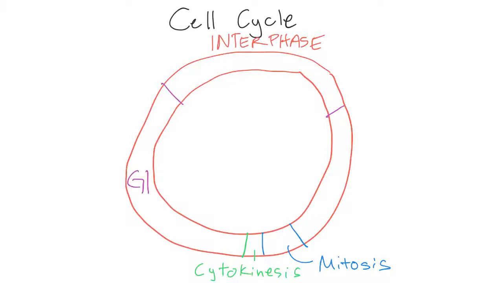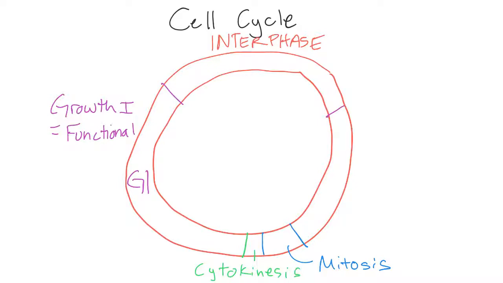So the first one is called G1, or growth phase 1. And this is the functional part of the cell. This is the time where it's carrying out whatever its function is. So if it's a liver cell, it's going to be filtering out the blood. If it's a skin cell, it's going to be protecting, creating a barrier in your skin, and so on and so forth. Okay, so this is where it's doing the work.